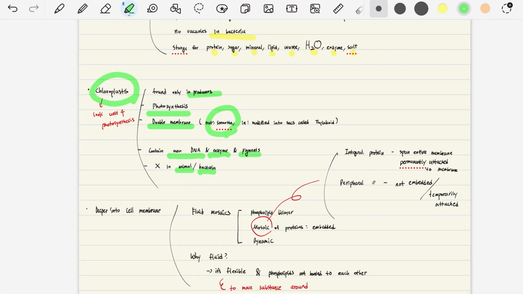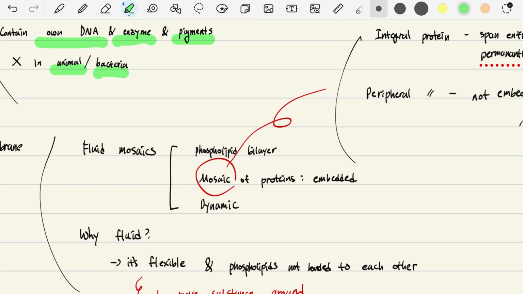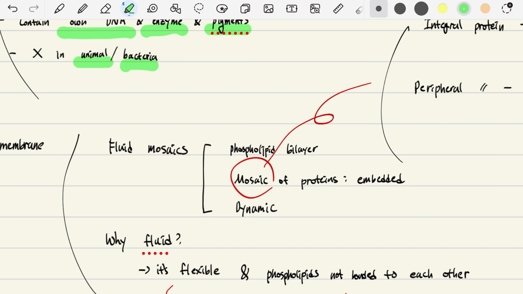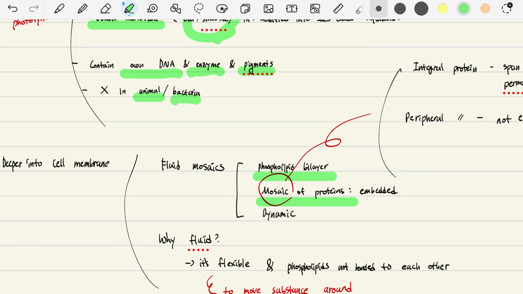So let's dive deeper into the cell membrane for a second. So cell membranes, we usually call them fluid mosaics, and we call them fluid mosaics because of the phospholipid bilayer and the mosaic of proteins that are embedded in the cell membrane.